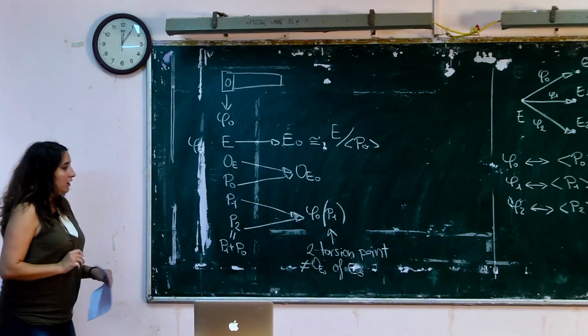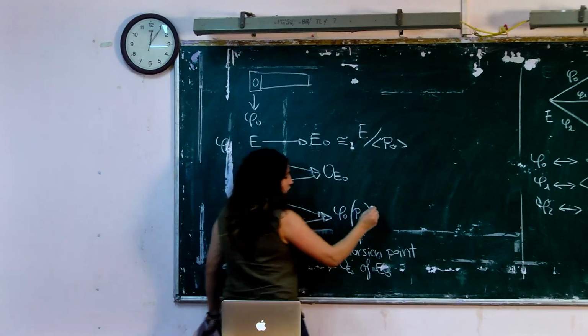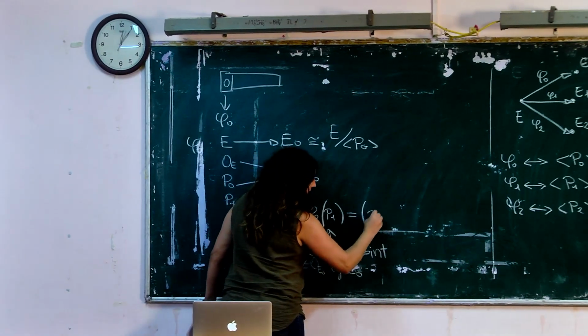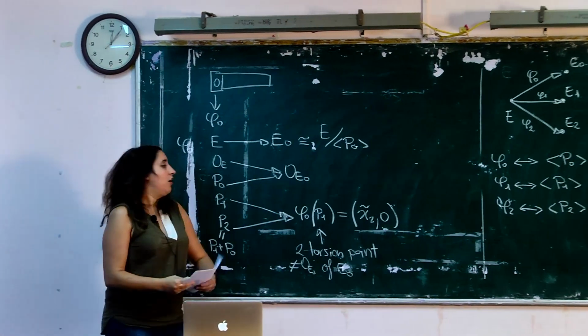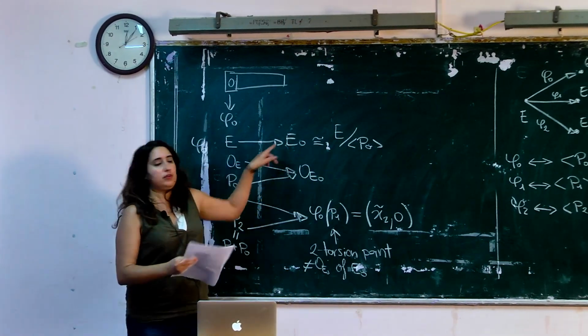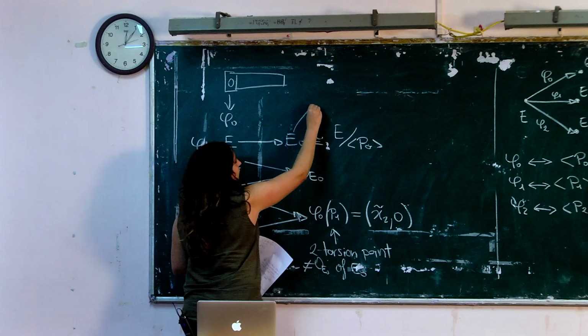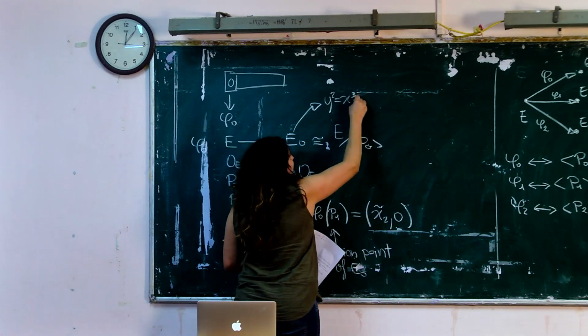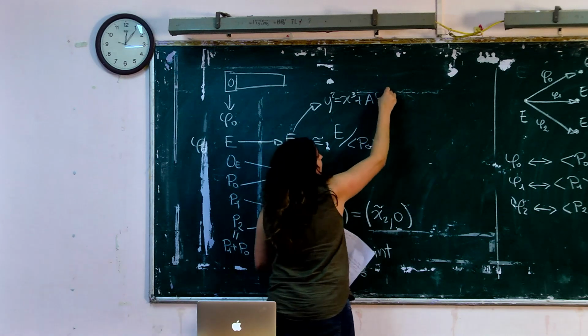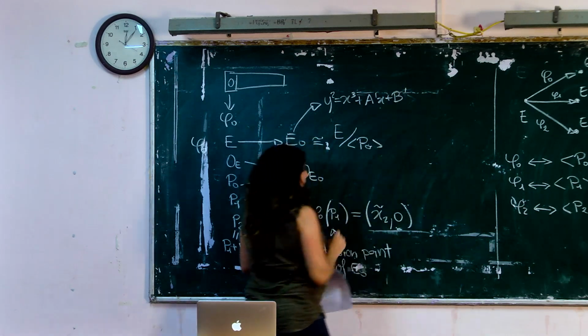So what does it mean? That this is also of the shape x2 tilde, 0 for some root of this elliptic curve, which will be x cubed plus a' x plus b'.